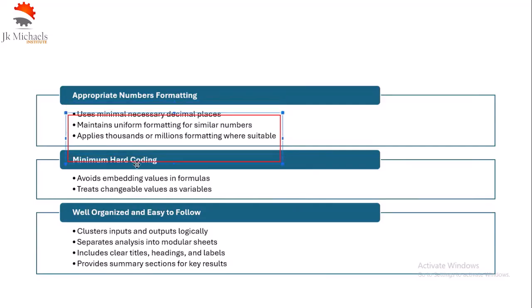And then we have: try not to hard code numbers. In a spreadsheet, if you make changes in one cell, depending on what it's linked to, it's likely to reflect in other cells.